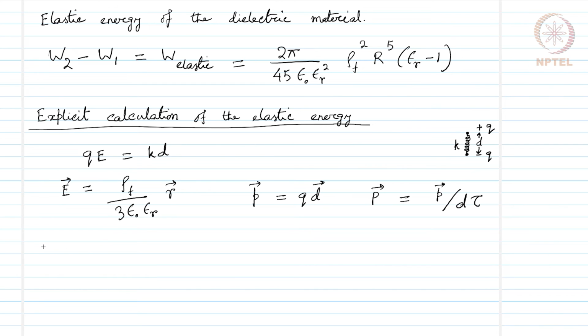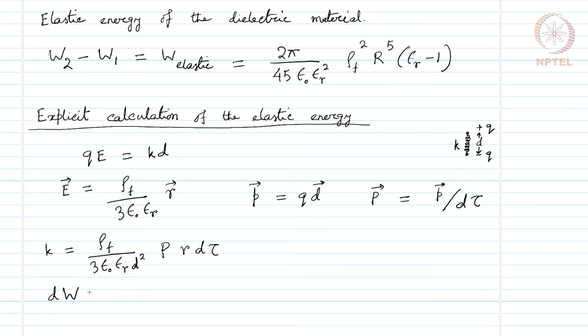Thus, we will have k equals rho f over 3 epsilon naught epsilon r d squared times the polarization magnitude r d tau. That is the spring constant.